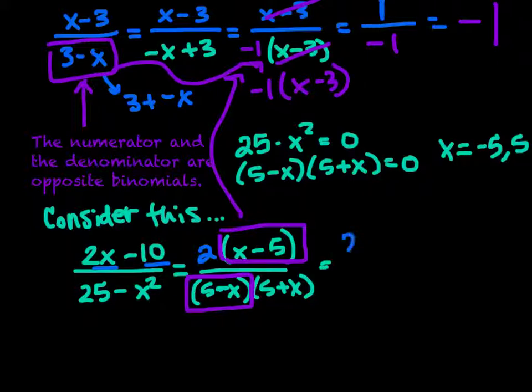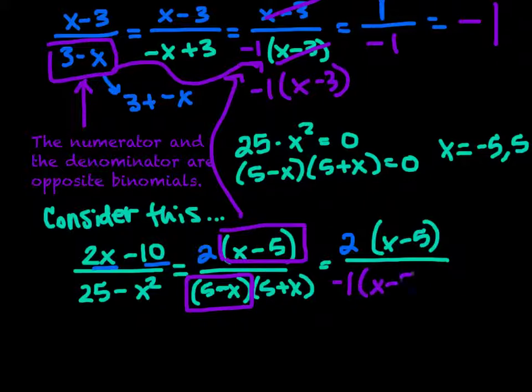We have our 2 up in front on top, and we have our x minus 5 on top. Now we need to rewrite this 5 minus x as negative 1 times x minus 5. That's all we need to do. We also have our 5 plus x left over. Now we just need to finish our simplification process.